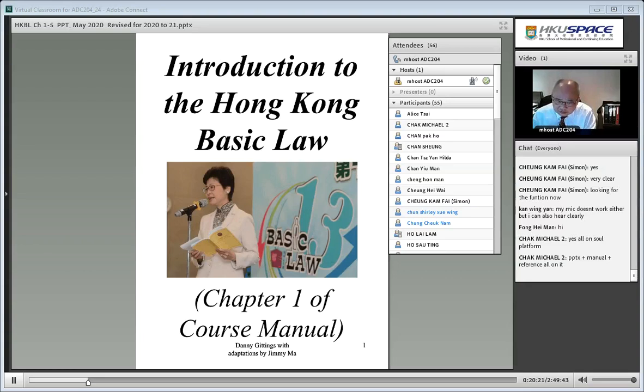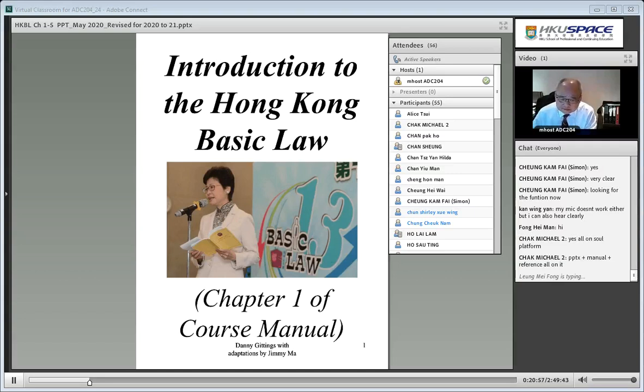This subject is not only of paramount importance, but also the approach and, if you like, the content is very unique. And of course the importance: in Hong Kong, in real life, I think this subject, compared with others, should be the most relevant.